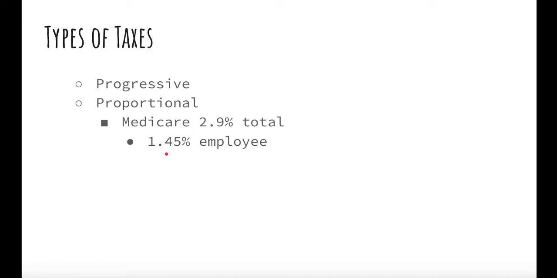And if you look at the amount of your check and you multiply it by 1.45%, that's the amount that should be withheld. So you can literally check it. Now, your employer is actually paying the other half of that Medicare tax for you, which is how 2.9% is the total amount that's credited to you, but your employer's splitting it.